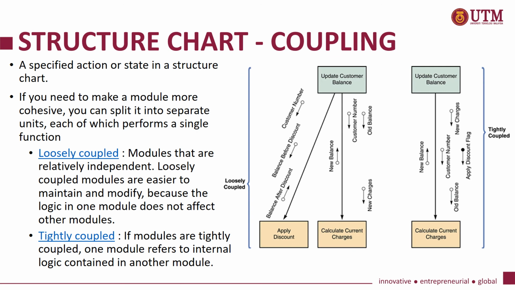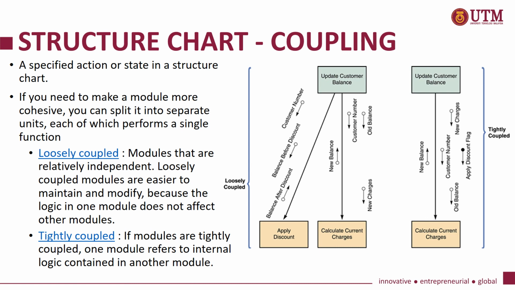This slide is about coupling. Coupling measures relationships and interdependence among modules. Coupling is the strength of relationships between modules, the degree to which modules are interconnected with or related to one another. Modules that are independent are loosely coupled, which is desirable.